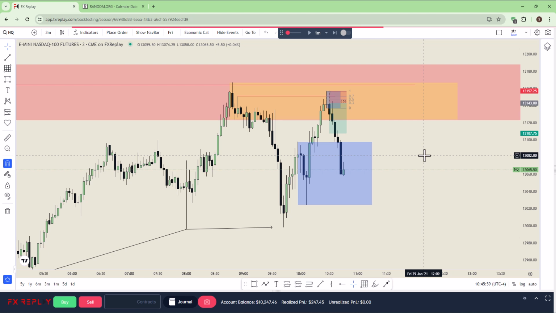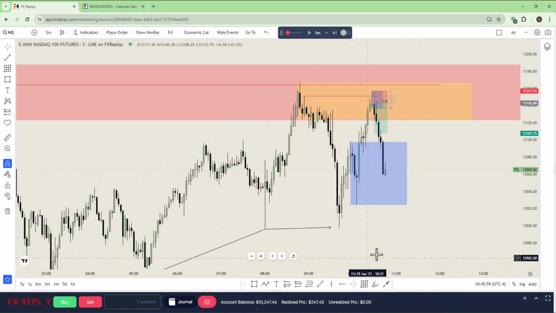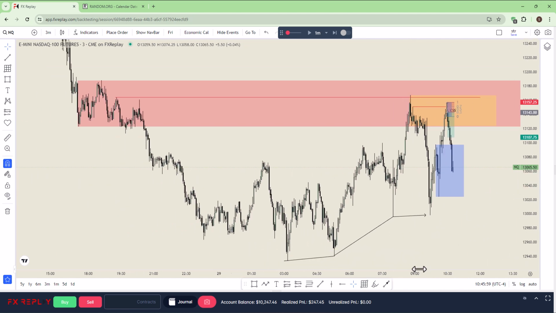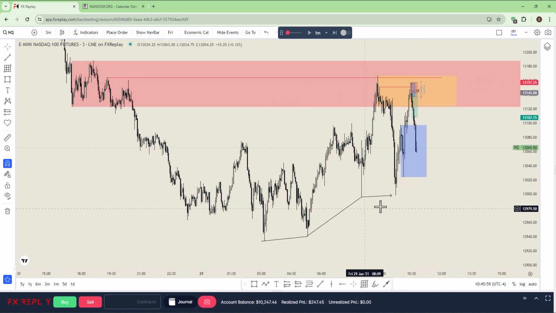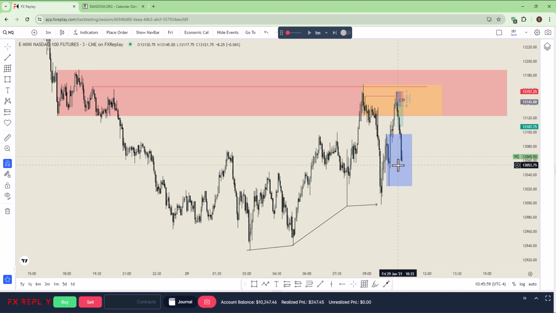Although the model or the pattern itself is present, we are delivering from a higher time frame zone, from a higher time frame sweep. We have higher time frame targets right here. So basically you are trading against the higher time frame, right?